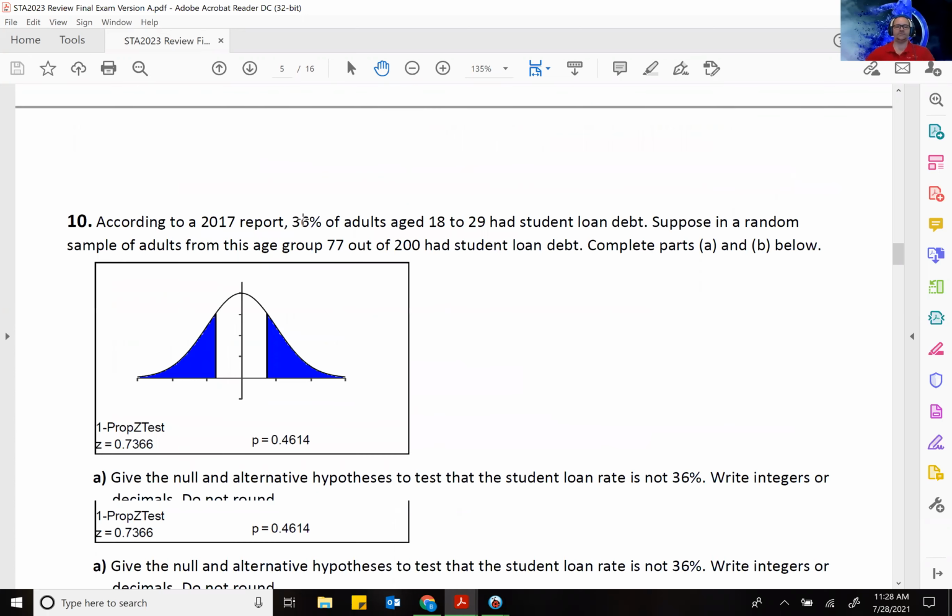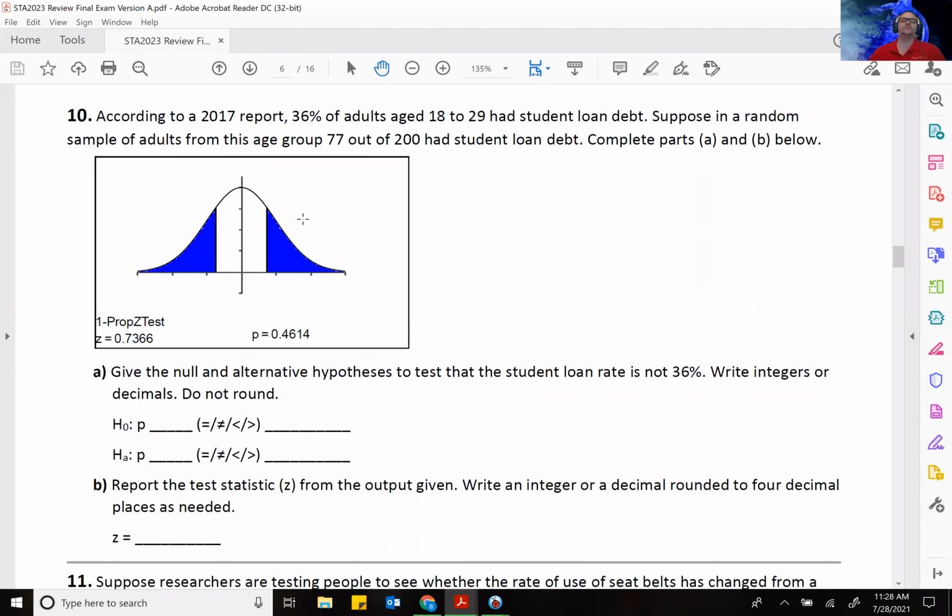All right, here we go. According to a 2017 report, 36% of adults aged 18 to 29 had student loan debt. Suppose in a random sample of adults from this group, 77 out of 200 had student loan debt.